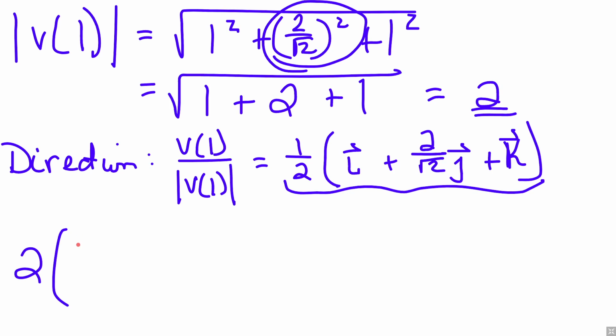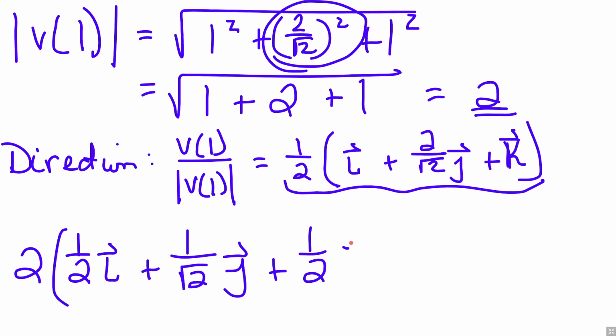So if we do that, we're going to get 1/2 in the i direction plus 1 over the square root of 2 in the j direction plus 1/2 in the k direction. And that would be the velocity represented in terms of speed and direction. Any questions?